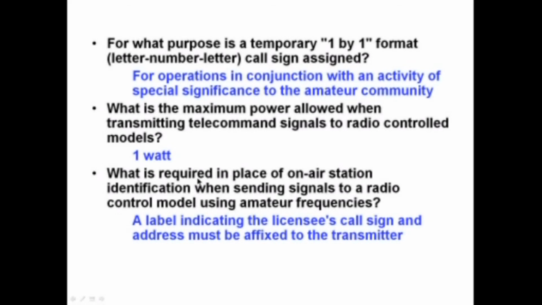What's required in place of on-the-air station identification when sending signals to a radio-controlled model using amateur frequencies? Your radio-controlled transmitter doesn't have any way to send a station identification to identify your transmission. So instead you have a label with your call sign and address affixed to the transmitter.